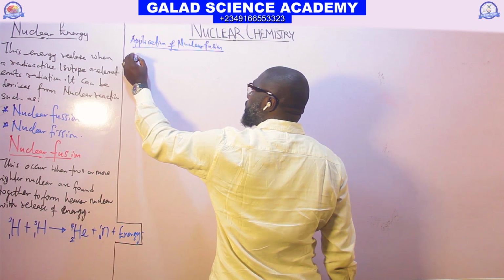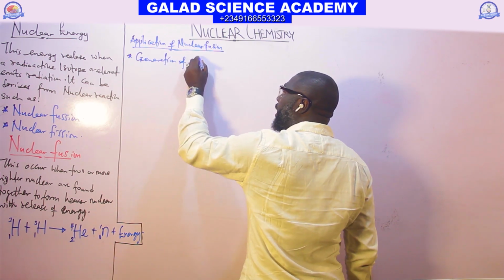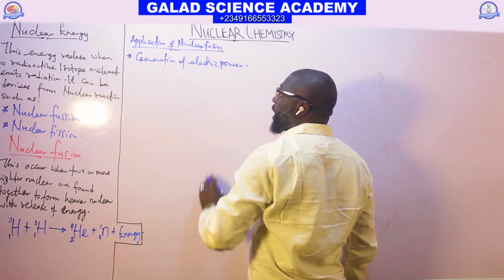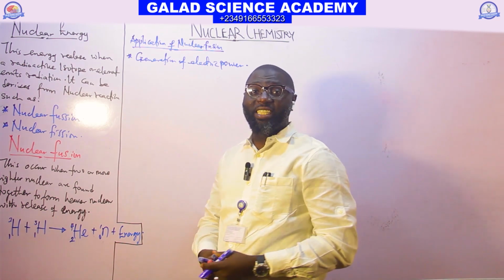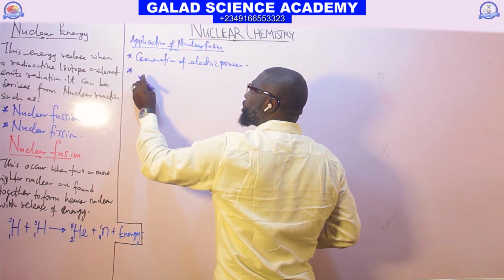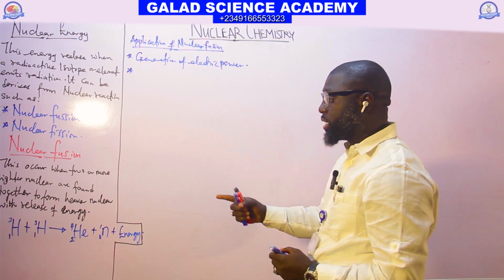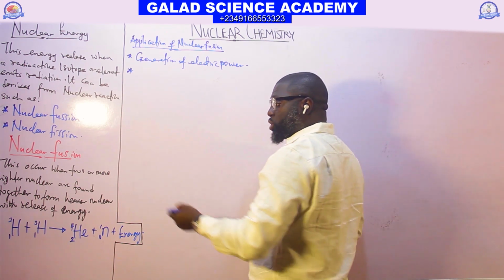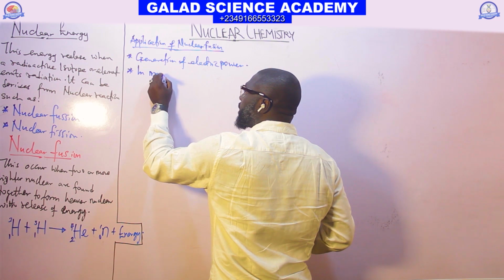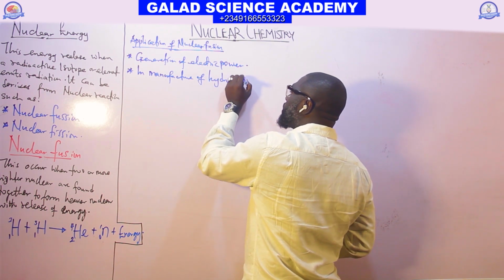Number one, it is used in the generation of electric power. We can use nuclear fusion to generate electric power. This same nuclear fusion can also be used in the manufacture of hydrogen bombs. You can use nuclear fusion in the manufacture of hydrogen bombs.